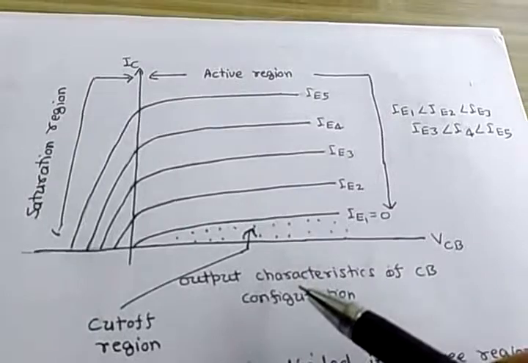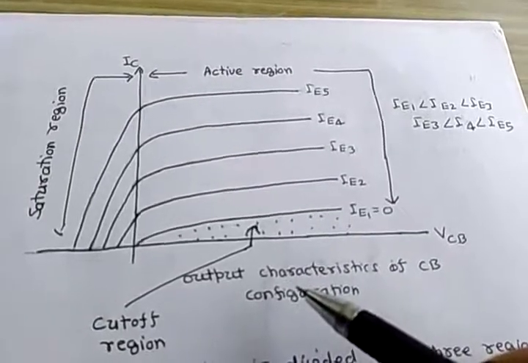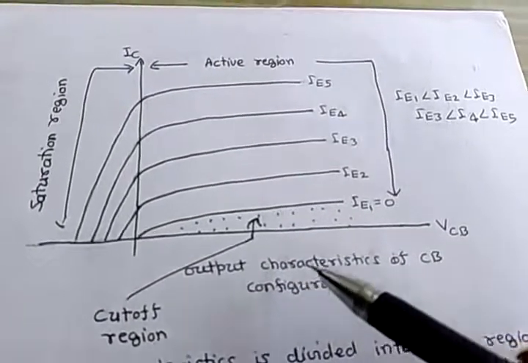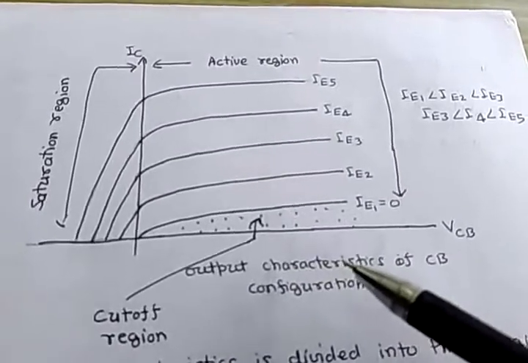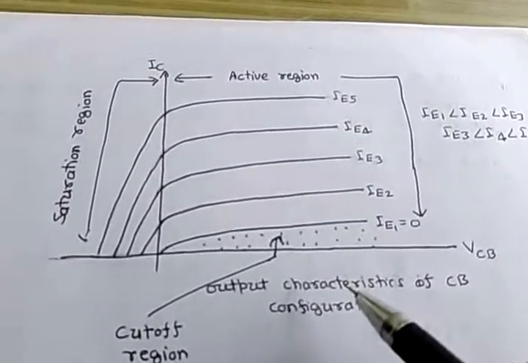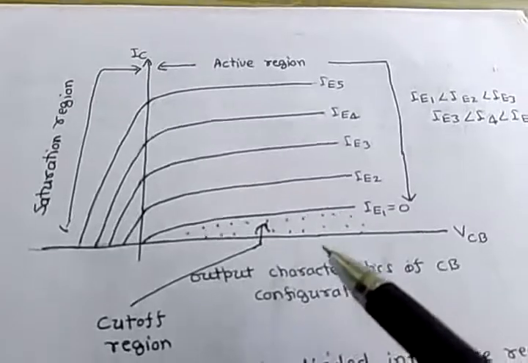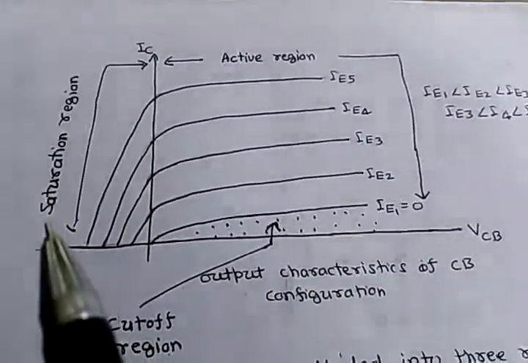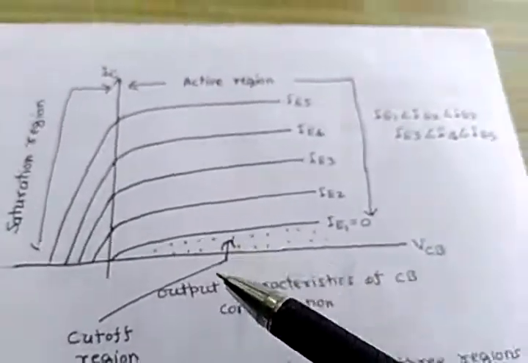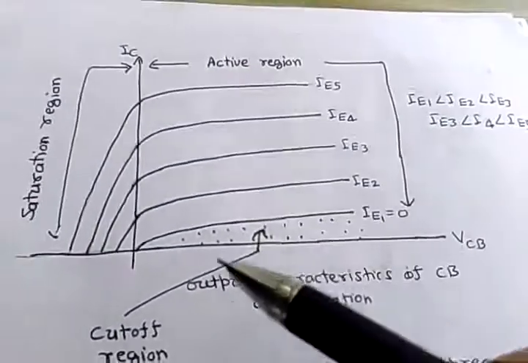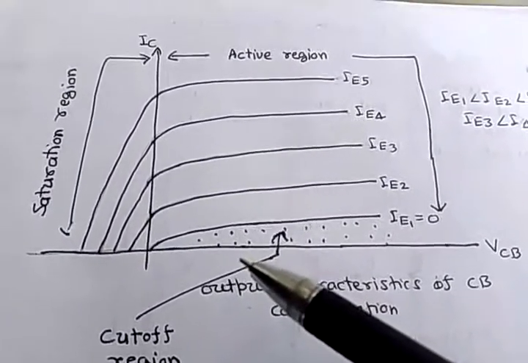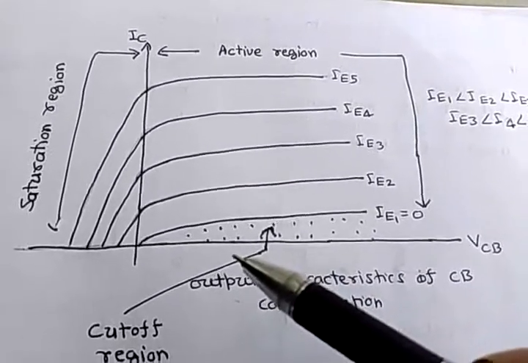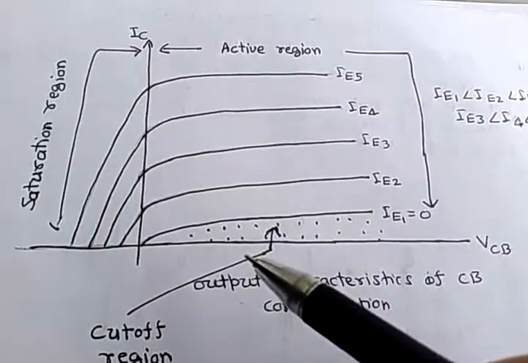This figure shows the output characteristics of common base configuration. The output characteristics is divided into three regions: active region, cutoff region, and saturation region. In the active region, the emitter base junction is forward biased and the collector base junction is reverse biased.